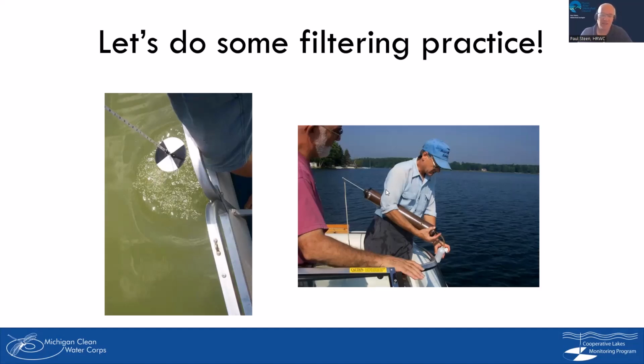I don't know the exact laboratory procedures, but what they do is they take your entire filter and dissolve it in some sort of chemical, and they do an extraction, and it's probably maybe a spectrophotometer or something, and from that they're able to get a parts per billion number that they report to us.